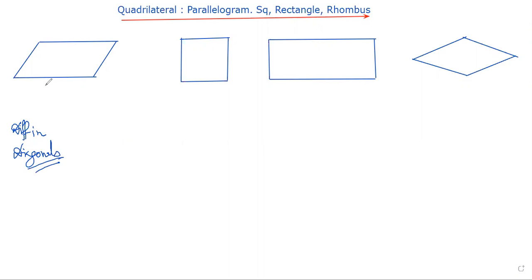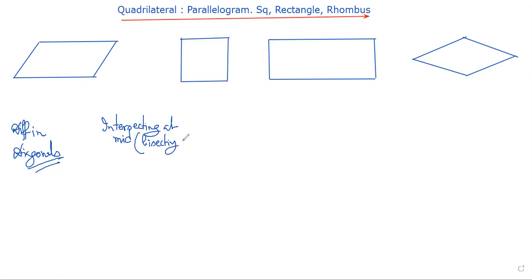Like in this case, diagonals intersecting, diagonals property, if I am writing, then I can see for parallelogram what it is justifying. Diagonals intersecting at midpoint or bisecting equally.